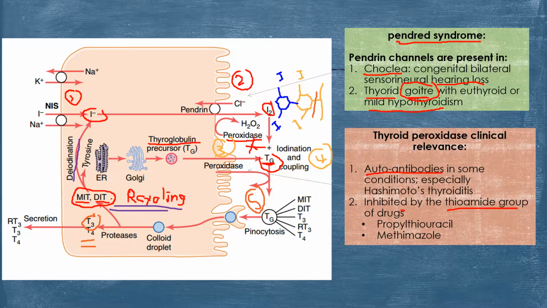So this process is very essential, and it is done by deiodinase type 1, and we will talk about the deiodinase types in a few minutes in the next slides.